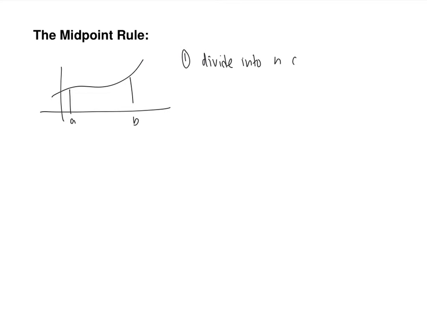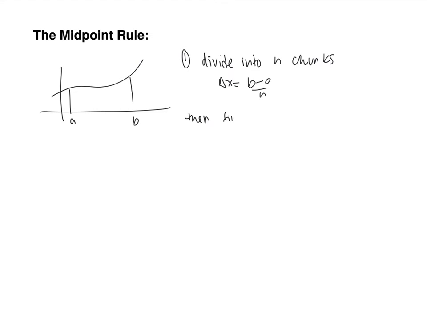So we briefly discussed yesterday that you could estimate the area under a curve using middle points, right? So this is a really great approximation tool. If you have your curve from a to b, step one is to divide into n chunks. Delta x equals b minus a over n.